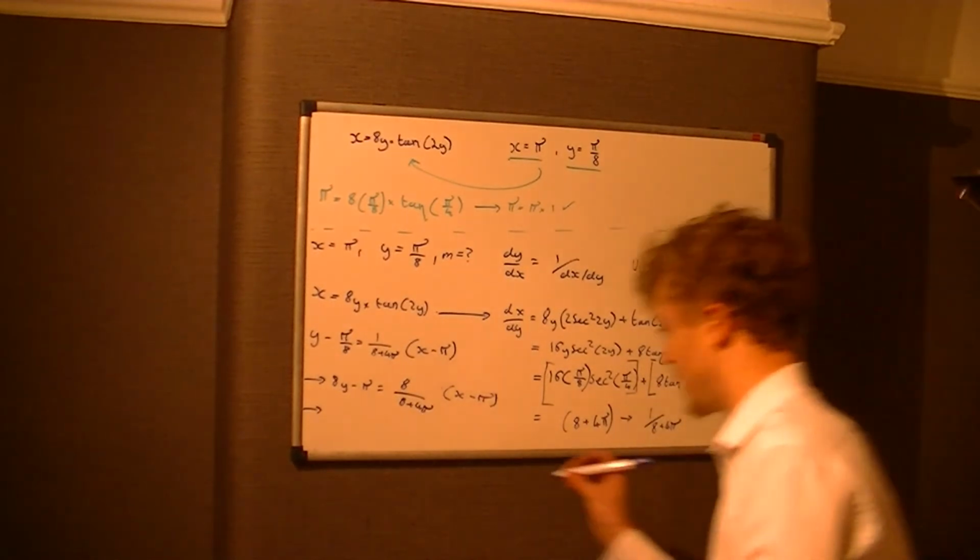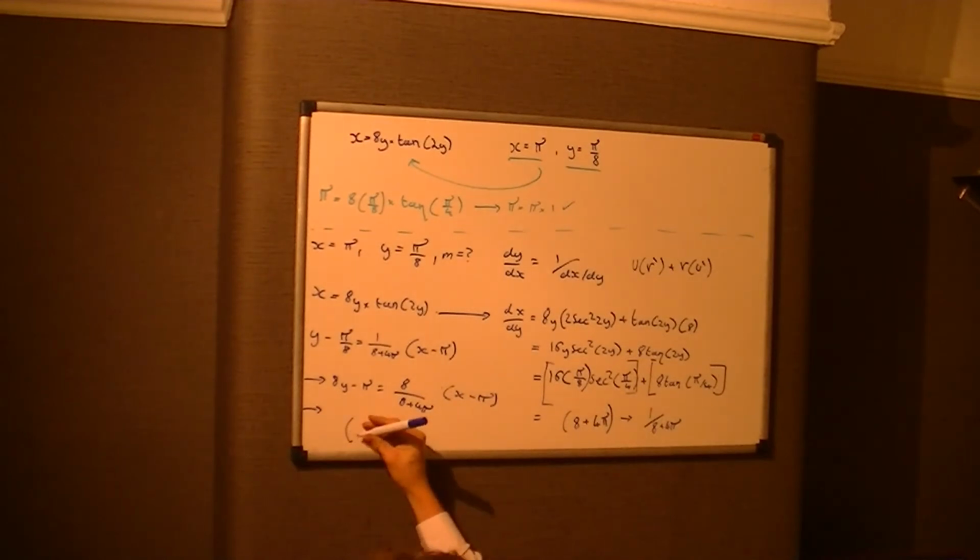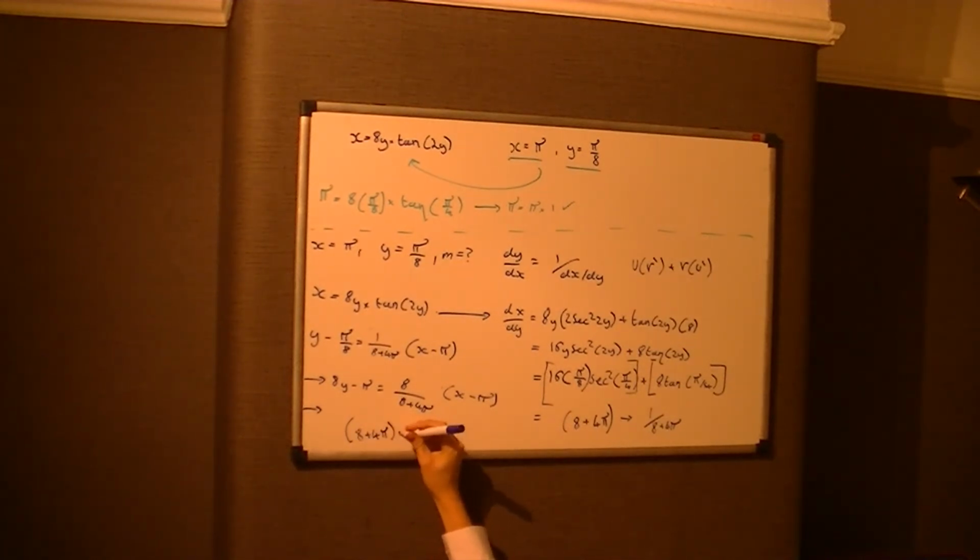Obviously not very well. Anyway, the end answer is on the mark scheme online, which is 8 plus 4 pi times y. So 8 plus 4 pi times y, and I'll have a stab at explaining how they got to that, if I can manage it.